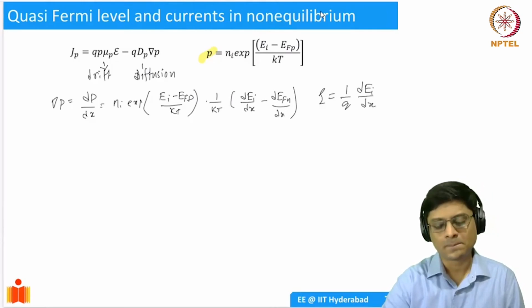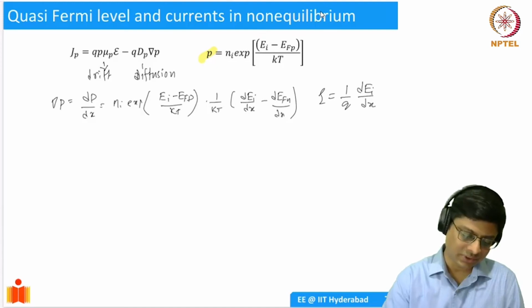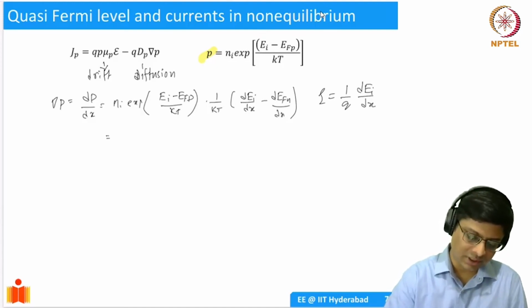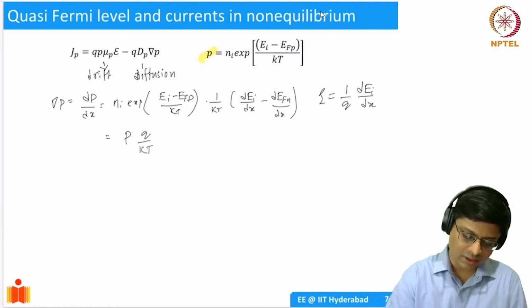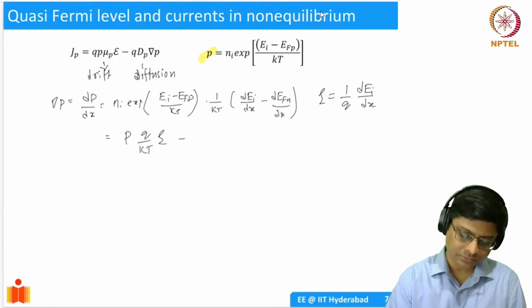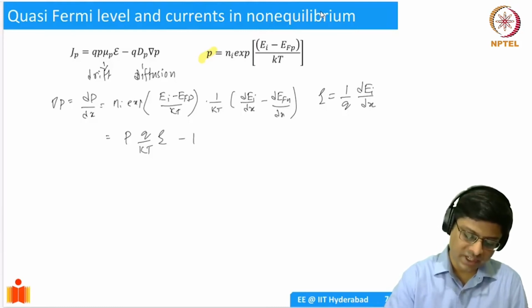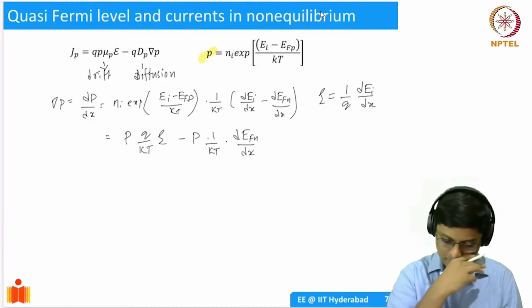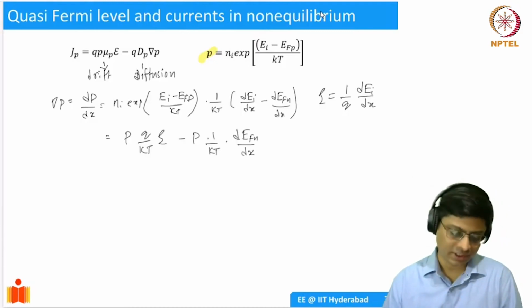So we can substitute that into this expression. So this is going to be P times q by kT times q times E, minus P times 1 over kT times dEFN by dx. This is a simplification, right?